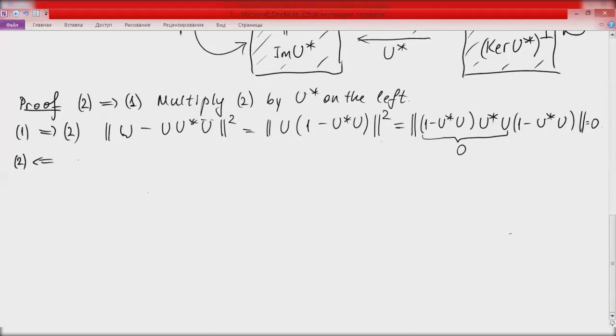To see that 2 is equivalent to 4, we simply apply the involution. And 3 is equivalent to 4 because 1 is equivalent to 2. And finally, let's look at the last condition, condition 5.